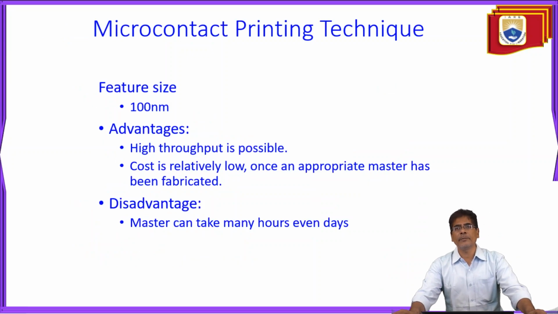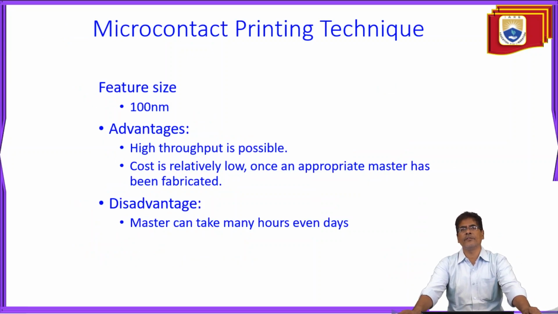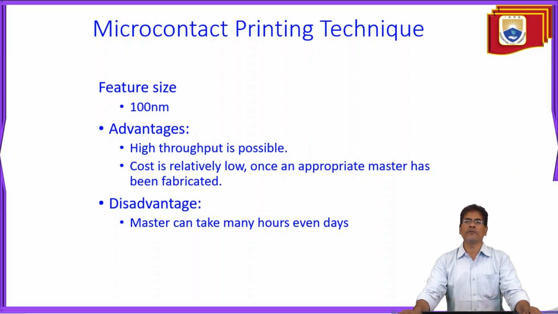There is also the micro contact printing technique, with a feature size of around 100 nanometers. The advantages are that high throughput is possible and cost is relatively low once an appropriate master has been fabricated.